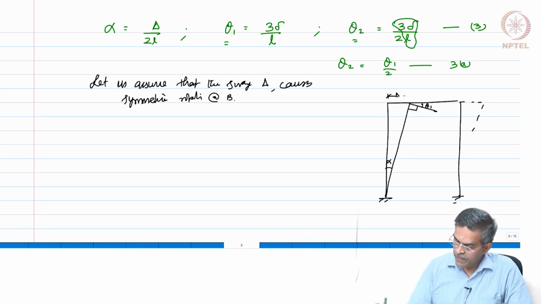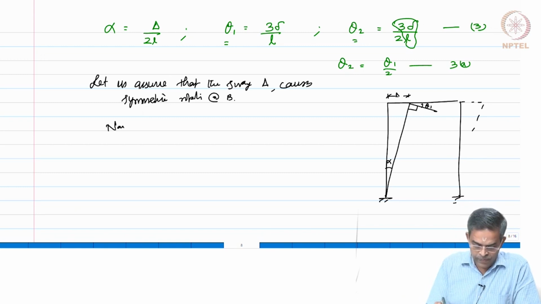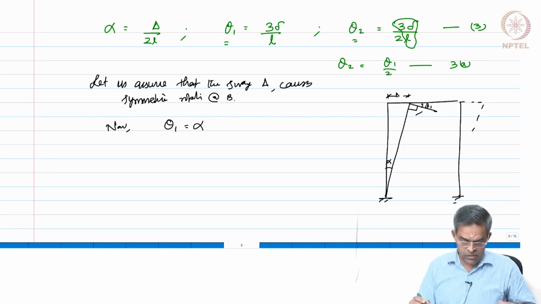This is delta. So, we say now theta 1 is alpha, so we are maintaining this angle at 90 degrees. So, this is true.